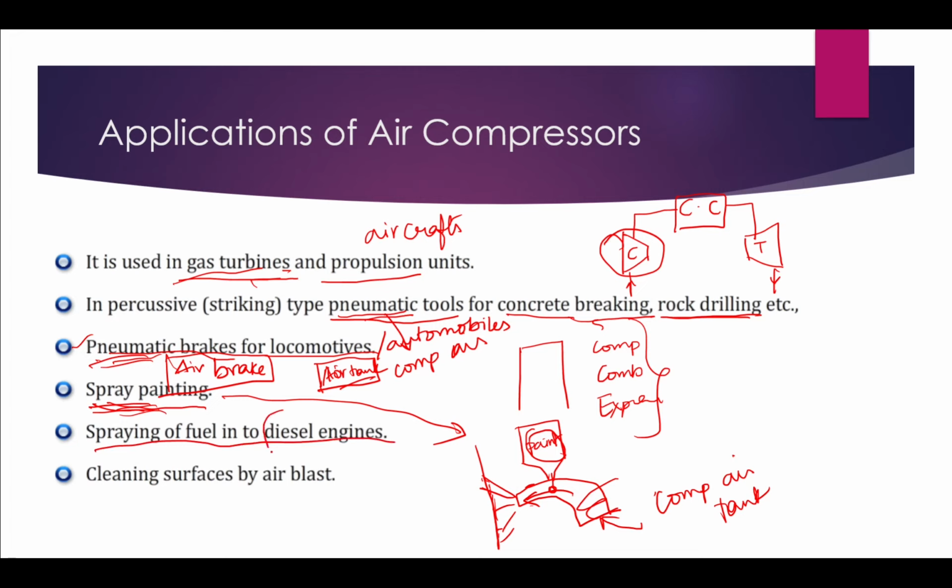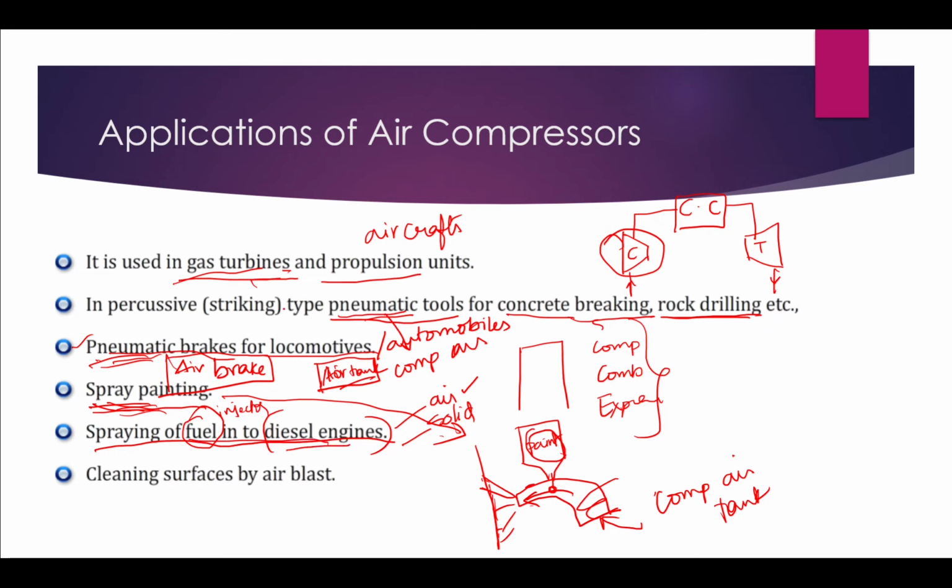And then spraying of fuel in diesel engines. We know that diesel engines use a fuel injector to inject the fuel directly into the engine. There are two types of injection systems: one is air injection and the other is solid injection. In solid injection, fuel is directly pumped into the engine, whereas in air injection, compressed air is used to break the fuel into fine droplets. This is also an application of compressed air.